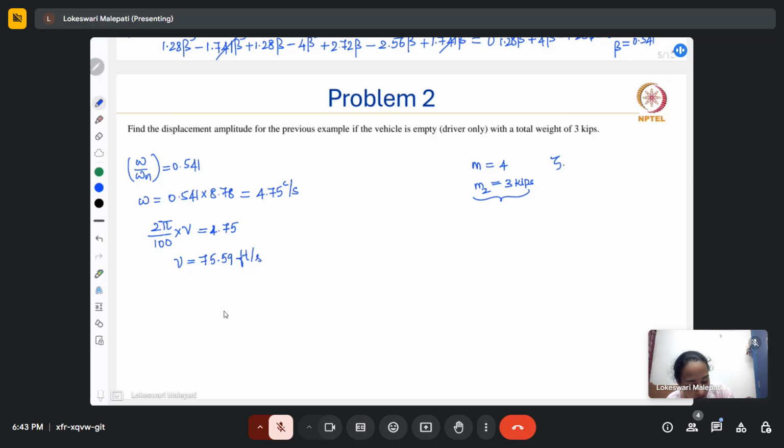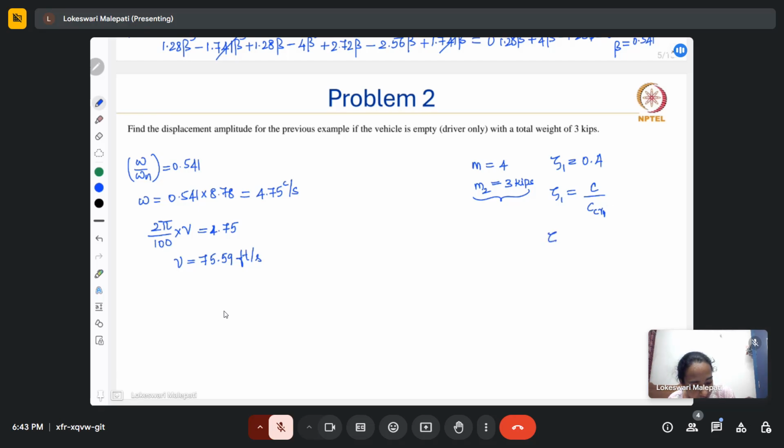So zeta 1 is 0.4, and zeta 1 is actually C by CCR1. So the C value, the damping of the system, does not change. Since the critical damping of the system is changing, the damping ratio is changing.